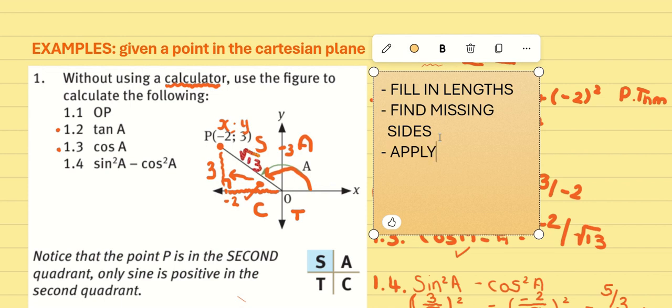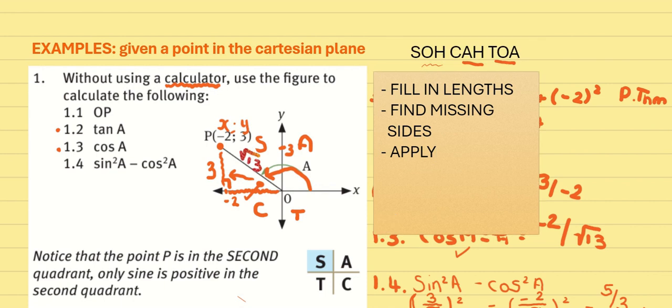Okay, so once you have a point in the Cartesian plane, you need to first fill in the lengths. Okay, I'm going to do it again. So they gave us the 2 and the 3. They give us the minus 2 and the 3. The minus 2 goes with the x-axis, so that is over here. Minus 2. The 3 goes with the y-axis, so that is over here, right?